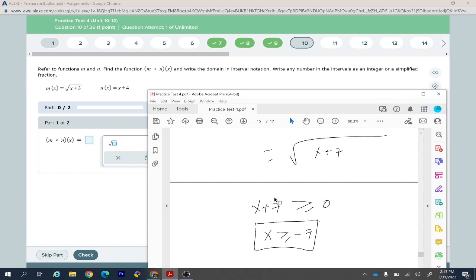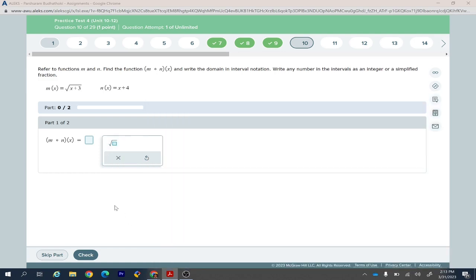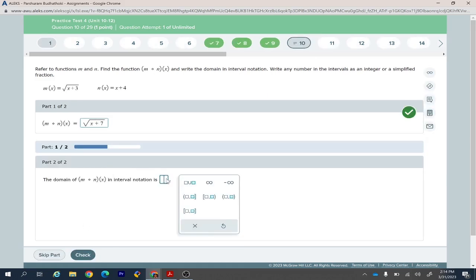So the answer for the domain is greater or equal to negative 7, and they are asking us to give it in interval notation. So this one is square root of x plus 7, and the domain in interval notation is from negative 7, and goes to positive infinity.